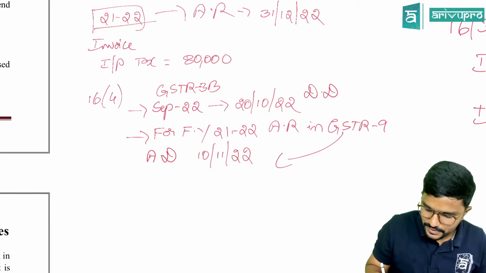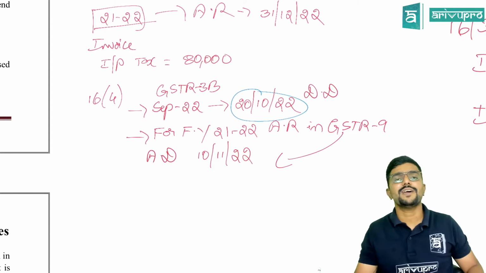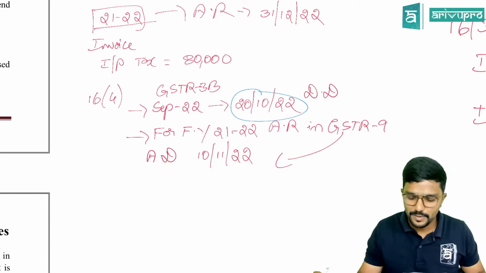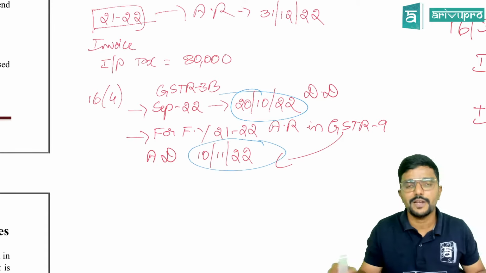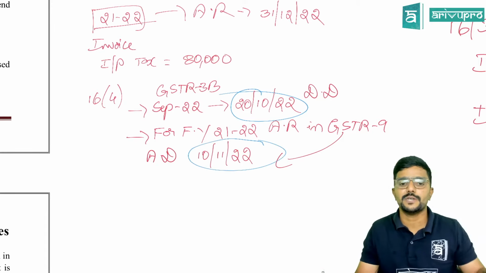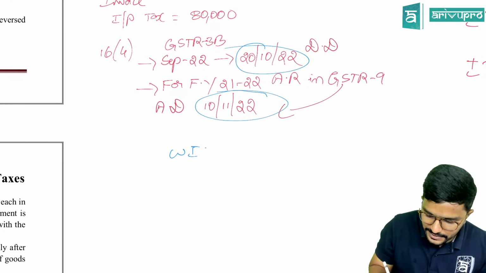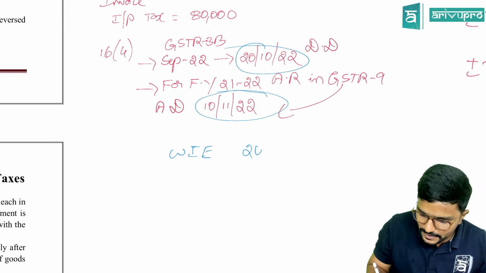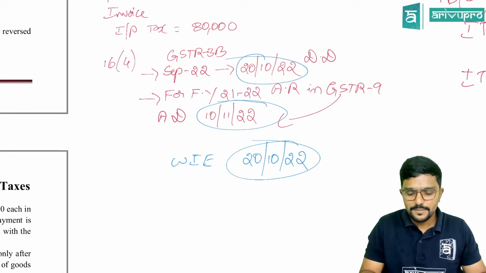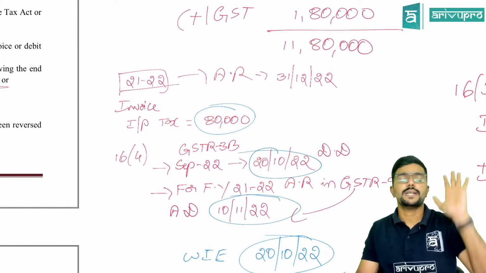Which is earlier? The due date for September for filing GSTR 3B, 20th October, and the actual date of filing the annual return for financial year 21-22. Whichever is earlier. 20th October 22. So within this time, the credit of 80,000 should be claimed.